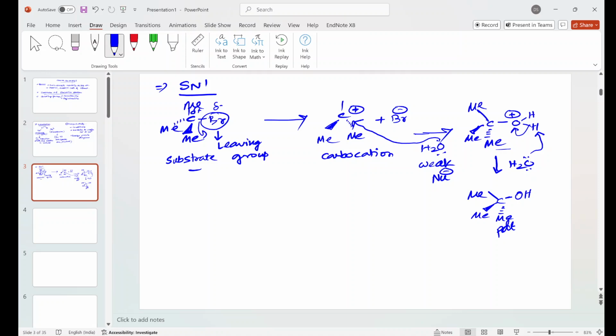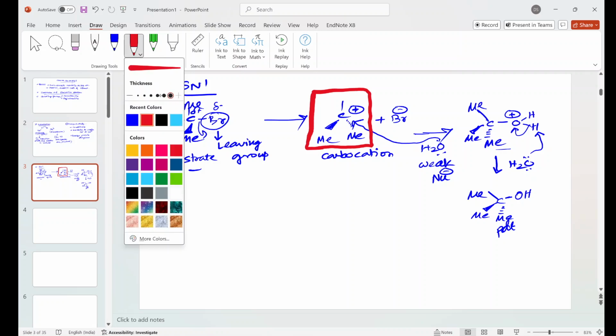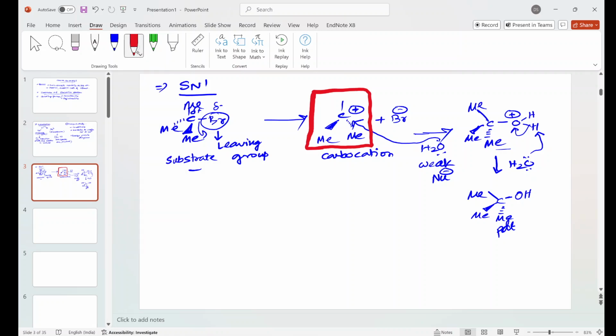This will be a product and this is the substrate. So one thing you can see is that this is a planar molecule.